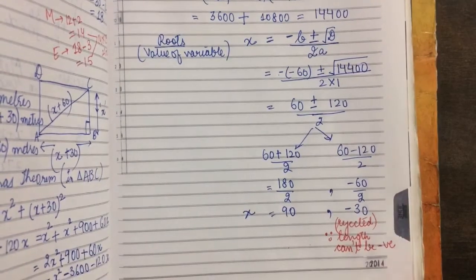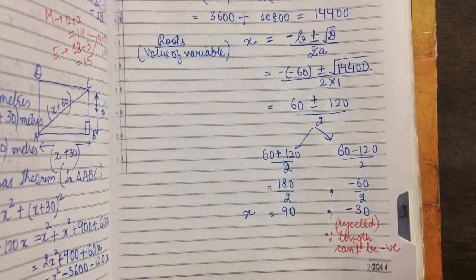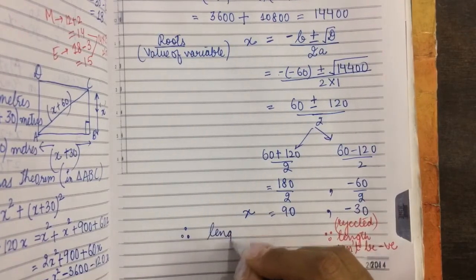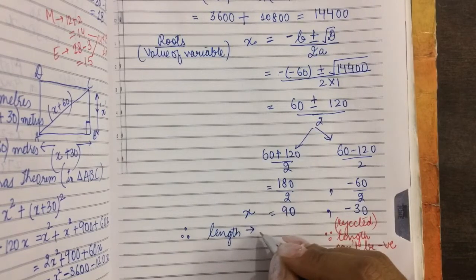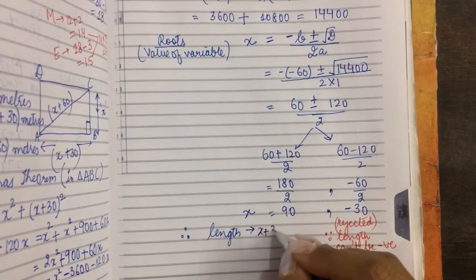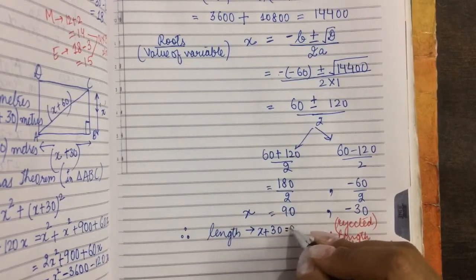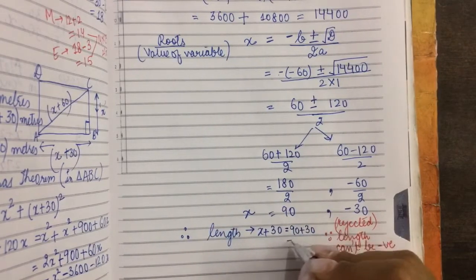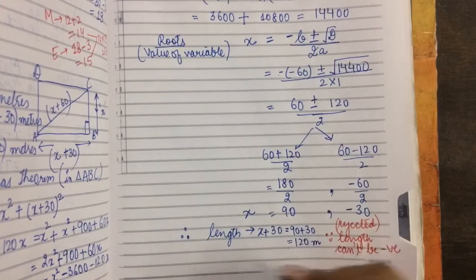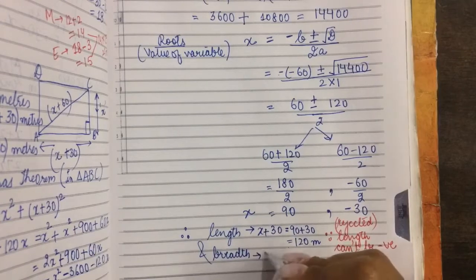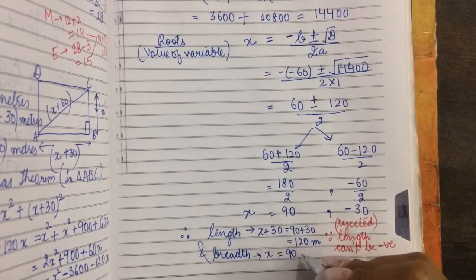So the only value possible for x is 90. From here you can give the answer. Length, which was represented by x plus 30, the longer side, will be 90 plus 30 equals 120 meters, and the breadth, the shorter side, represented by x is 90 meters.